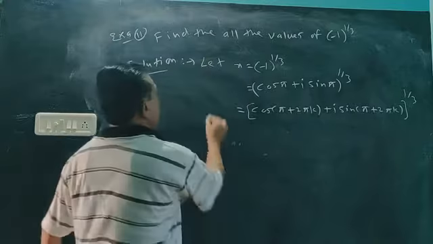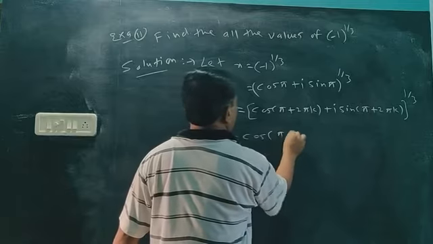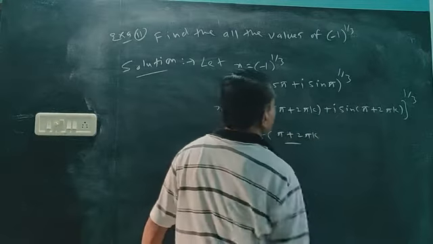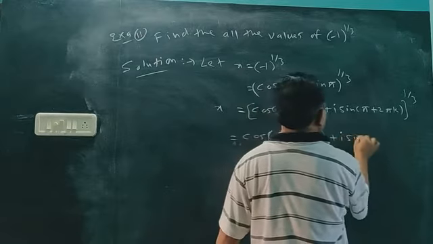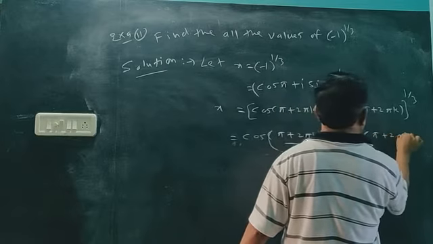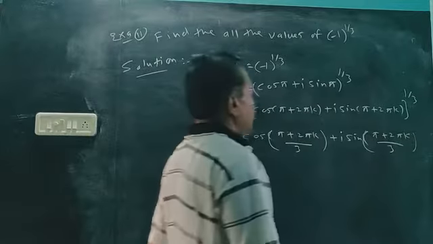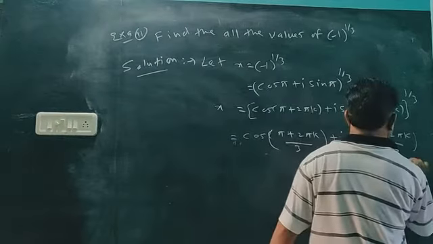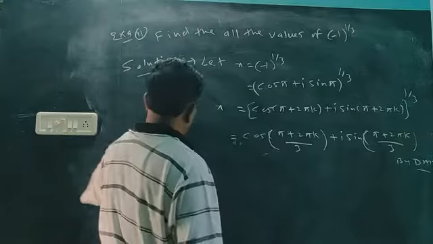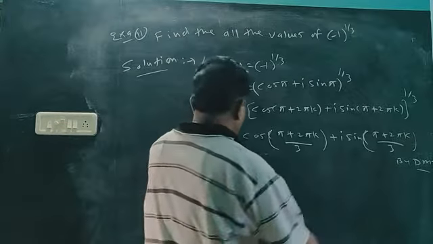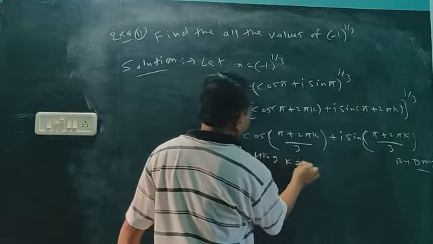Now apply De Moivre's theorem: cos of pi plus 2 pi k into 1 by 3, that means divided by 3, plus I sin of pi plus 2 pi k divided by 3, using De Moivre's theorem. Now we need 3 values, so putting values of k starting from 0.